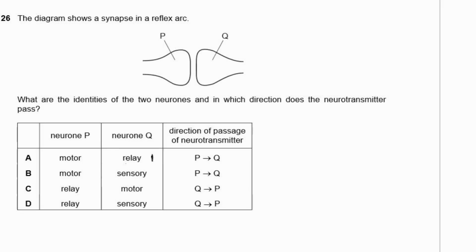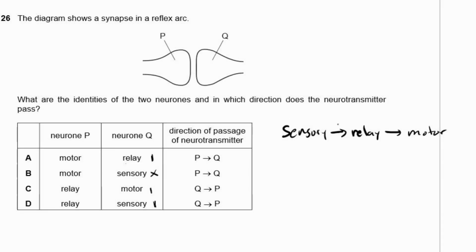Yes, that's a possibility. Does the motor neuron connect with the sensory neuron? No, because there is a relay neuron in the middle. Does a relay neuron connect with the motor neuron? Yes, that's a possibility. And does a relay neuron connect with the sensory neuron? Yes, there is. So don't forget, we have the sensory neuron, then the relay neuron, and then the motor neuron. That's the order it goes in.